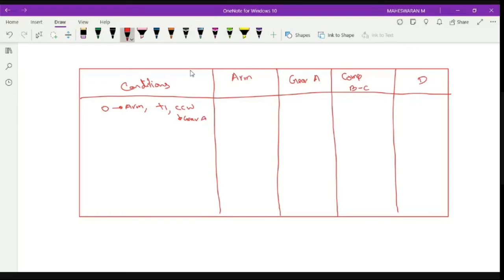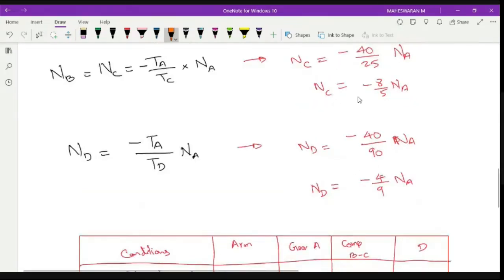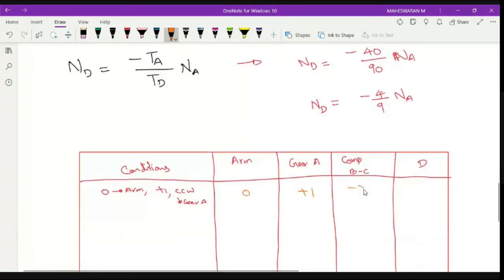So which means I will get 0, +1. So this will be BC. BC, B and C is same. So -8/5, -8/5. And this will be -4/9.